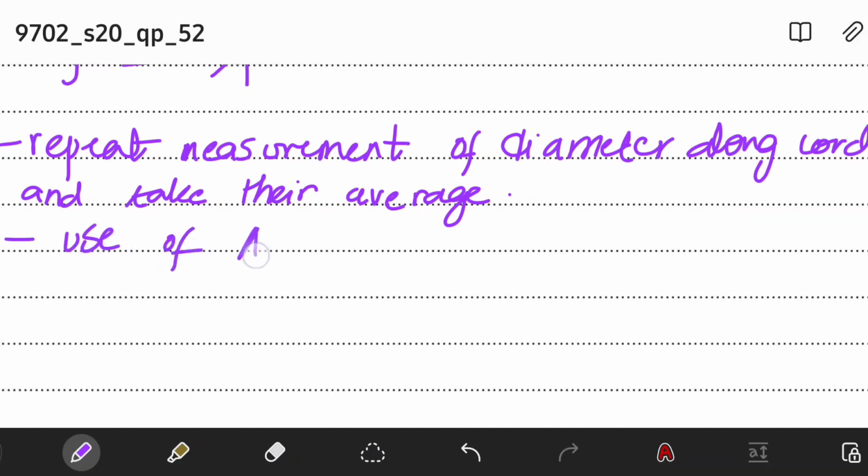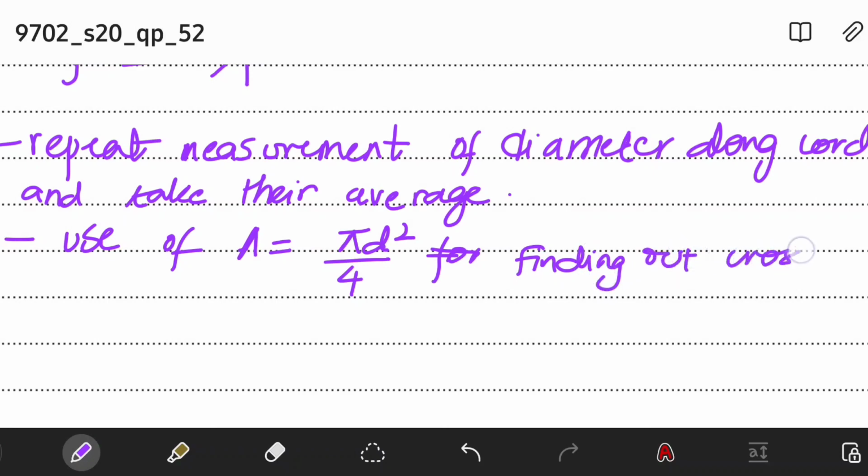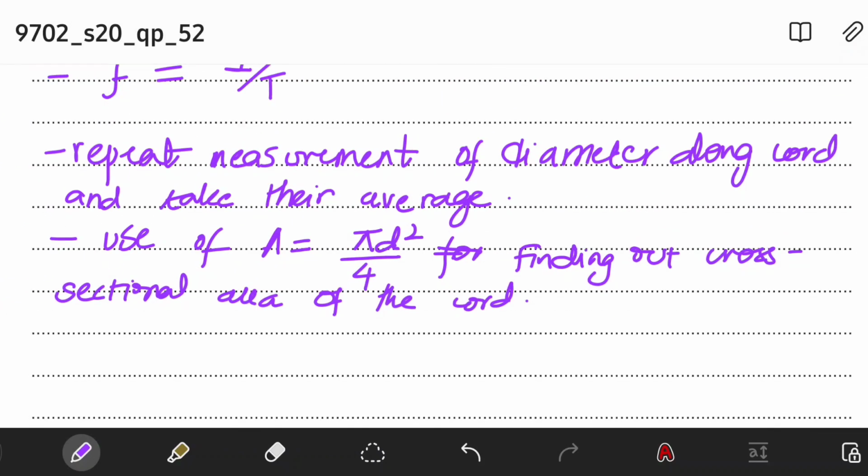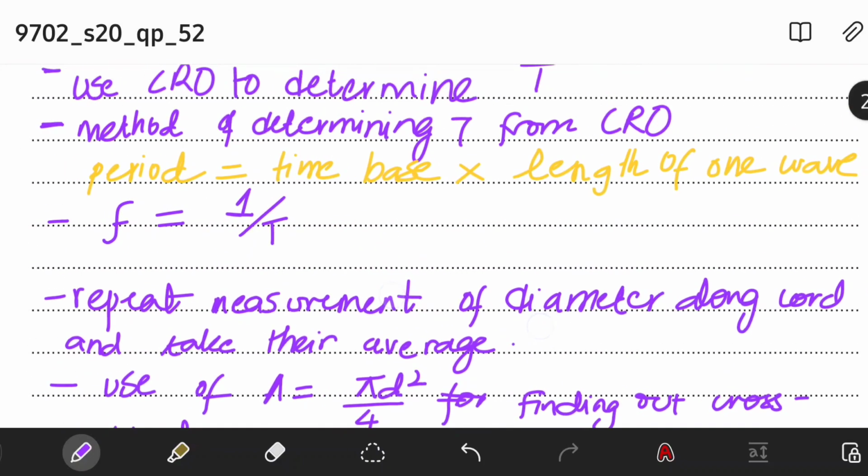Use of formula: A is equals to pi d square over 4 for finding out the cross-sectional area of the cord. So these many details and safety considerations are more than enough. So we are done with this question.